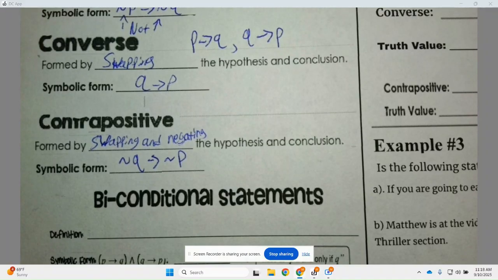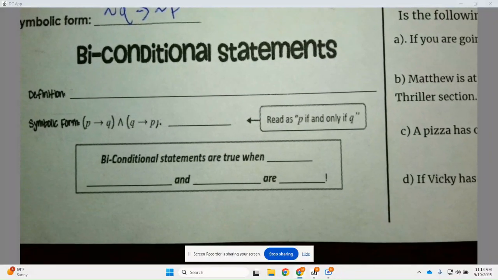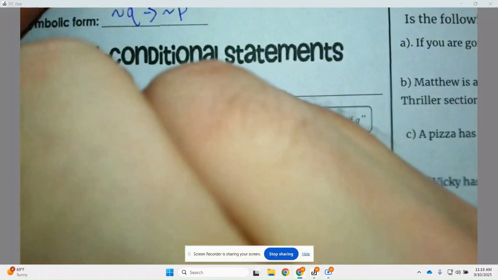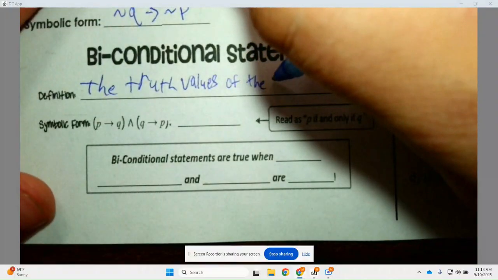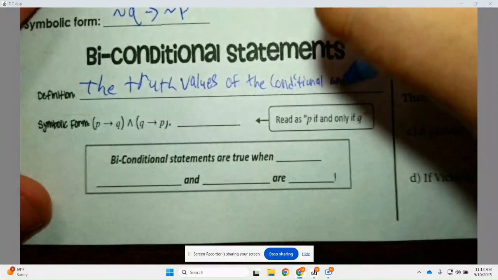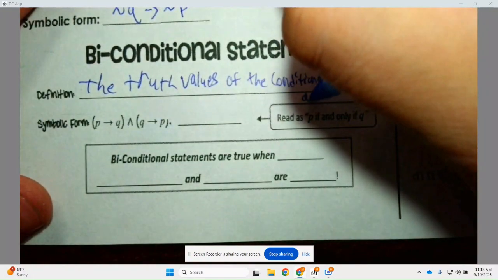All right. Last sort of thing right here. Biconditional statements. Okay? What this means is that the truth values of the conditional and converse are the same.